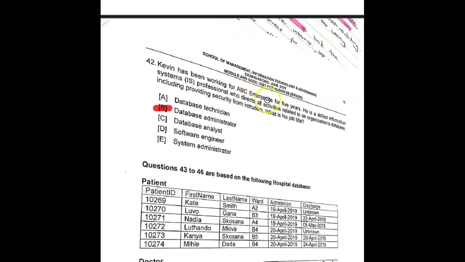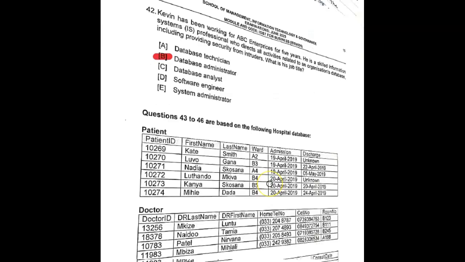So he's dealing with the database itself. So that is the database administrator. The other one I was talking about is called data administrator. So we only learn two: data administrator and database administrator. Data administrator deals indirectly, right? Database administrator deals directly. So yeah, ignore what I just said before that, right?